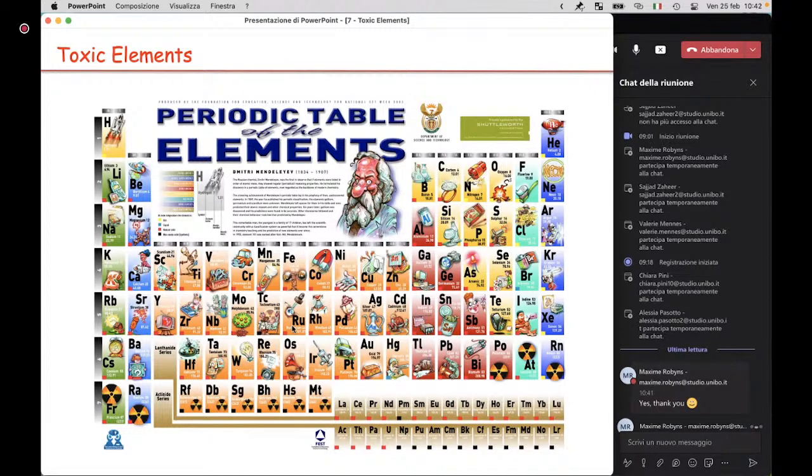Okay, elements, mainly metals, in this part of the periodic table, can be easily found in nature and also as a product of human activities, and they can have even very strong toxicity.